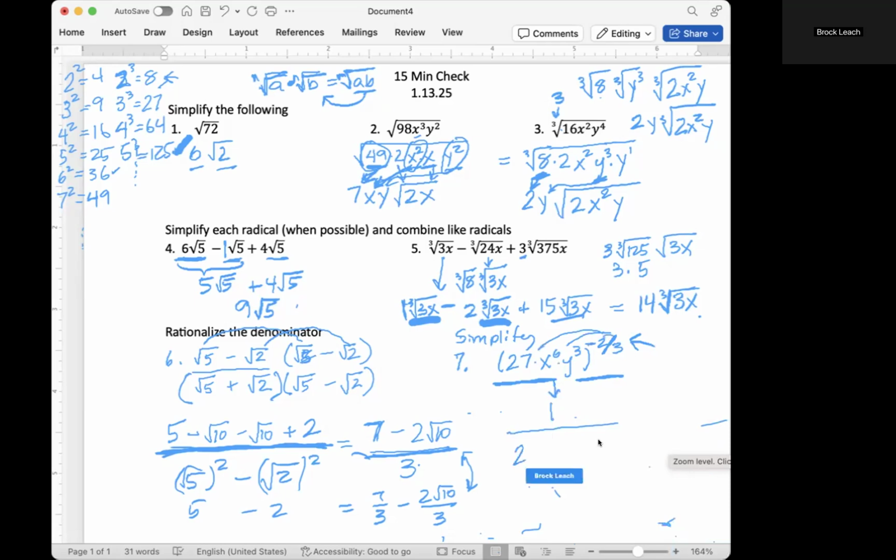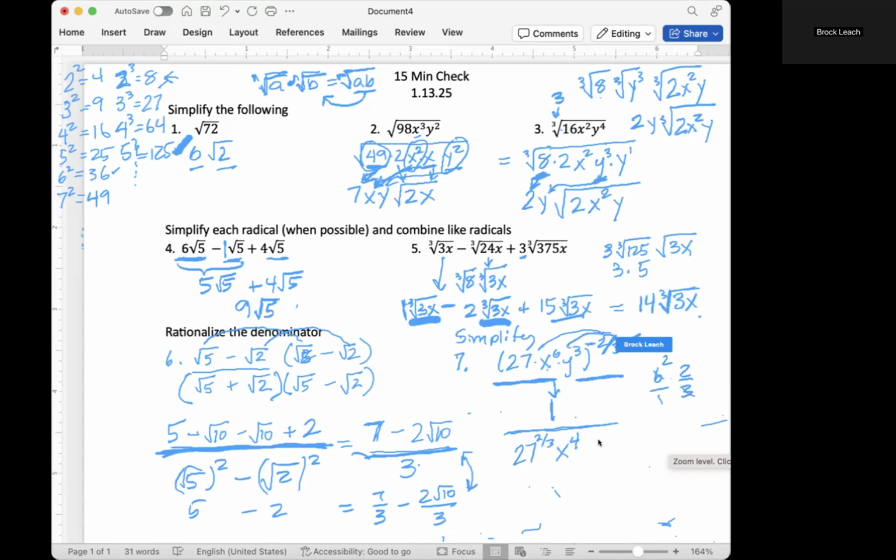So 27 to the 2/3. Because I moved it down, that negative now has kind of gone away. And then we have x to the 6th times 2/3. 6 times 2/3, that 3 goes into 6 twice, so we have 2 times 2, so x to the 4th.